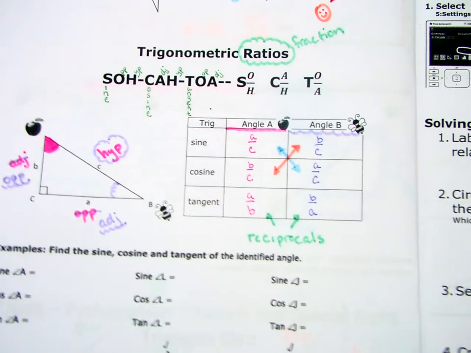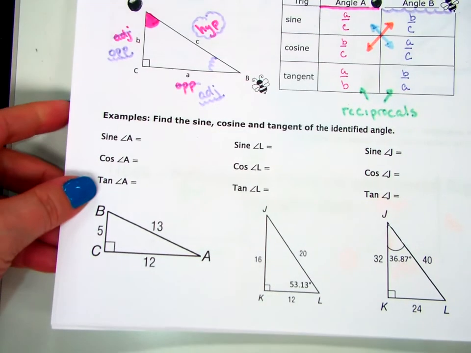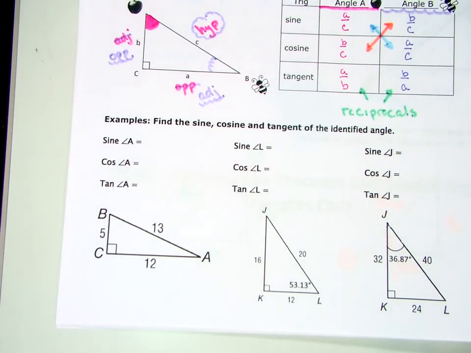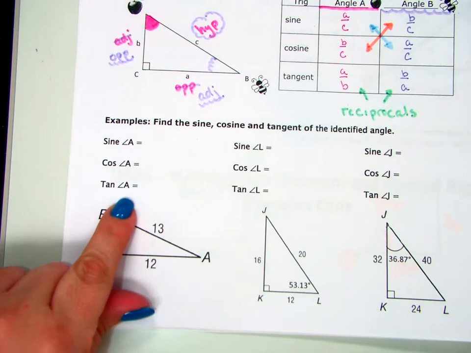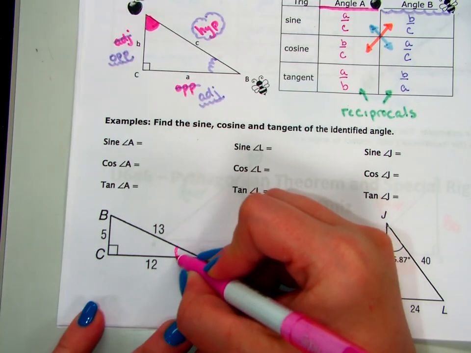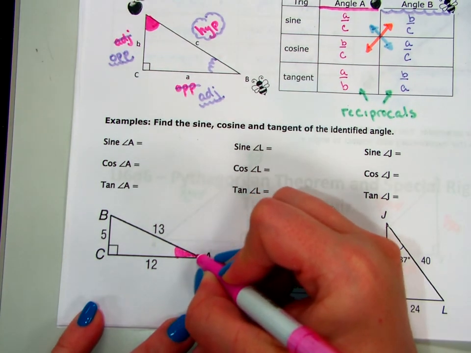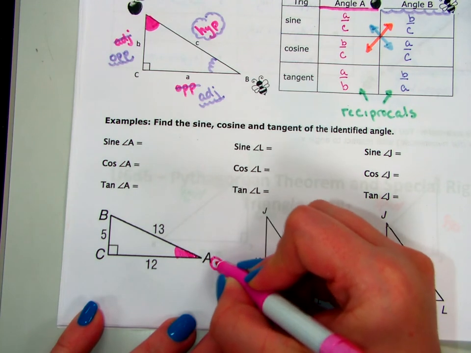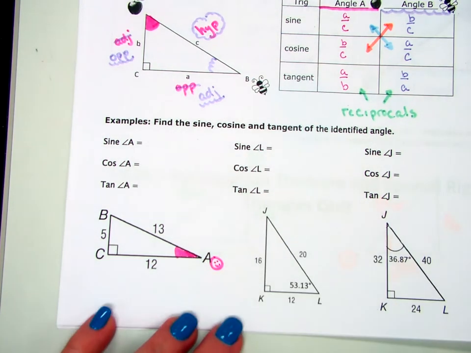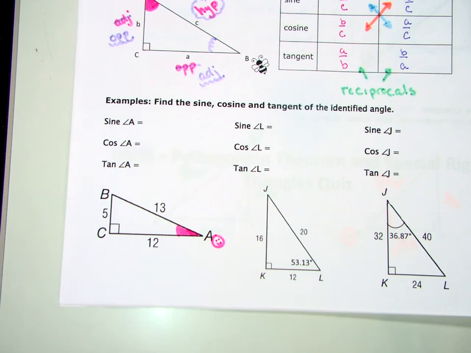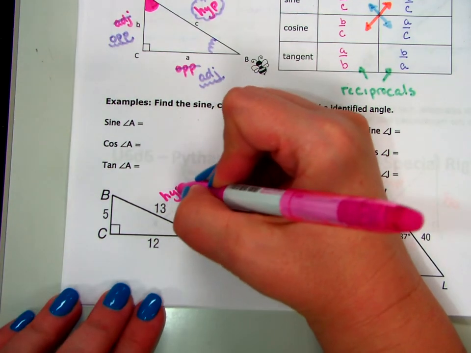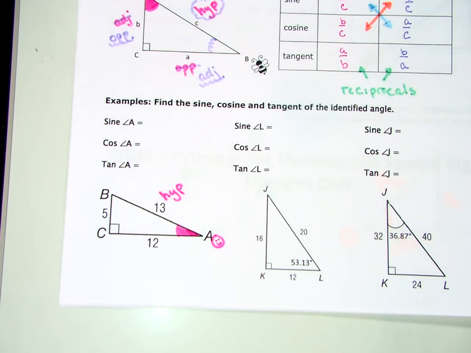Okay? All right, so let's see how this works. Find the sine, cosine, and tangent of the identified angle. So first one, it says find the sine, cosine, tangent with angle A. So that means I'm going to label my triangle from the perspective of this angle right here, angle A. Which length is my hypotenuse, 5, 12, or 13? 13.